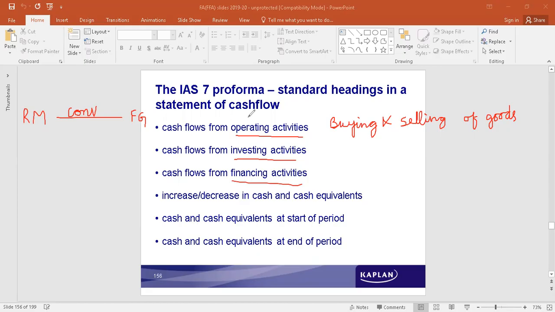Main operation is buying and selling of goods. So it starts with purchase of raw material, conversion of raw material to finished goods, administration of the business, marketing, selling and distribution. All these things will be part of operating activity. Finally, the goods are sold. The sale value of the goods also will be part of operating activity.